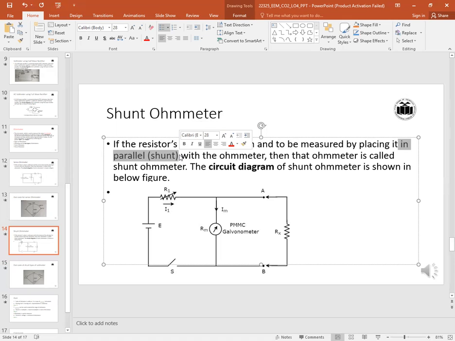Therefore, this instrument is called the shunt ohm meter. Parallel means nothing but our shunt position.